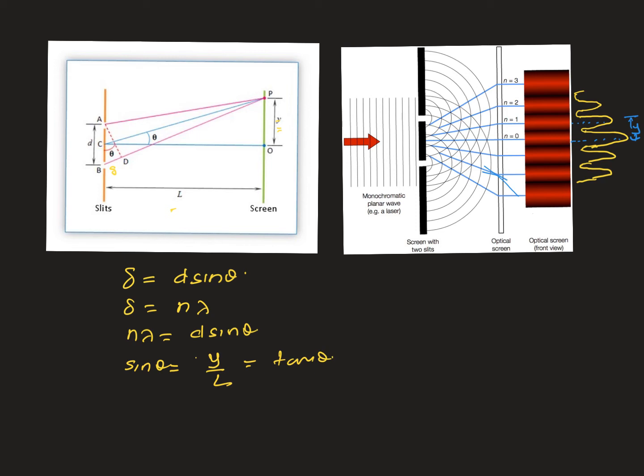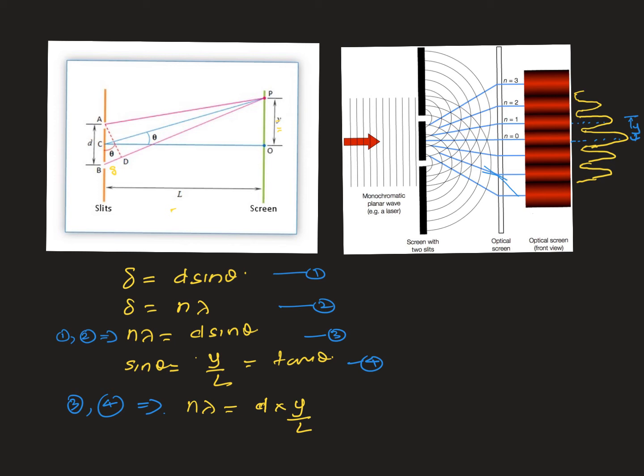So we are going to replace that in the previous equation. n lambda is equal to d sine theta, so it's d times y over L. This equation we can use to separate variables the way we like.